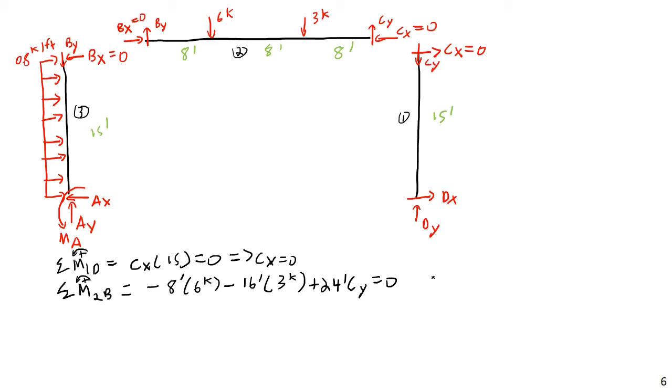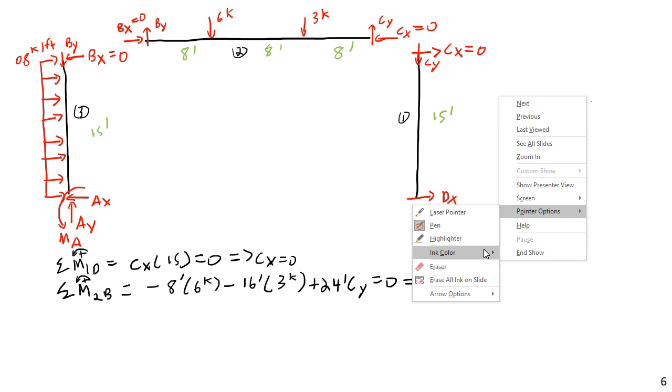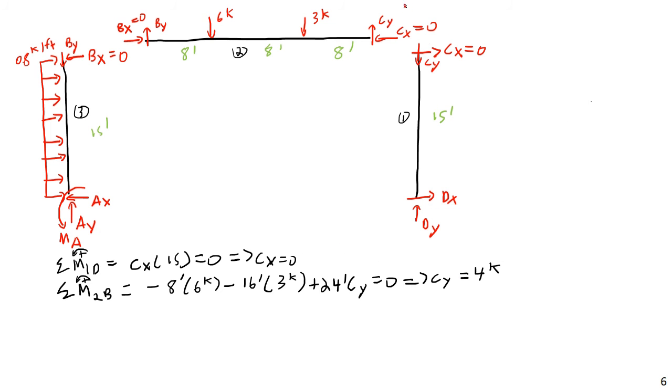And then this comes to Cy is equal to 4 kips. So this Cy is equal to 4 kips, which means this Cy is equal to 4 kips, and in turn, Dy is also equal to 4 kips.